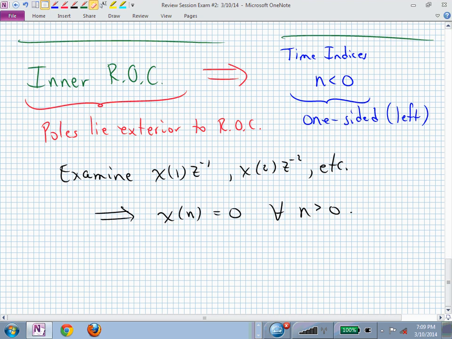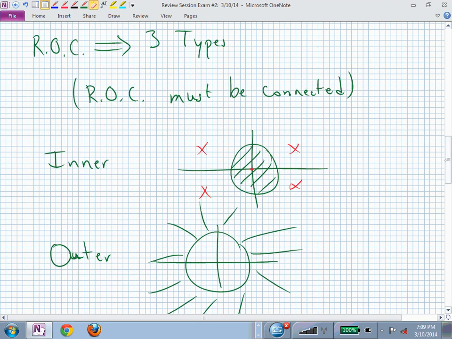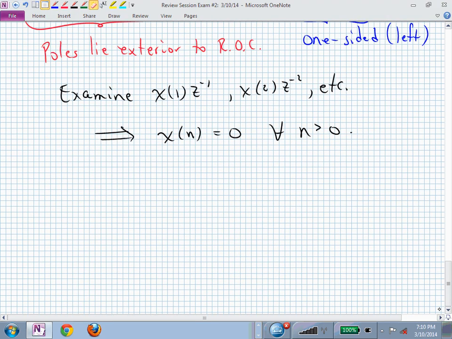That's why we can only have negative indices when we have an inner region of convergence. Is that okay? If your region of convergence looks like this, it's inner, then you know your n's are indexed for negative values. Positive value n's can't exist, or they're equal to 0, your values of x at those points in time.